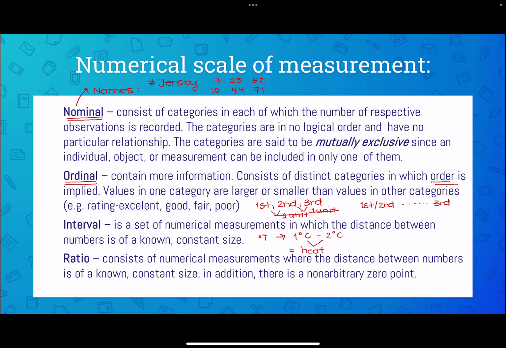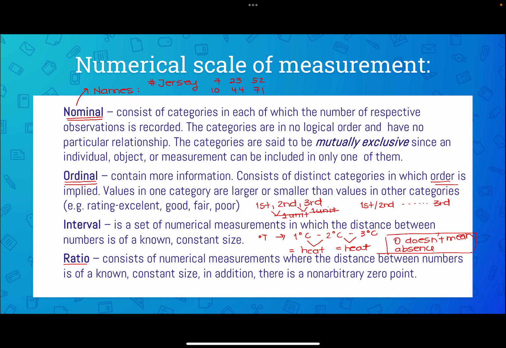And between 2 and 3 degrees, we have the same amount of heat. But in this case, in an interval variable, the 0 doesn't make sense. So the 0 doesn't mean absence. The 0 is just arbitrary.